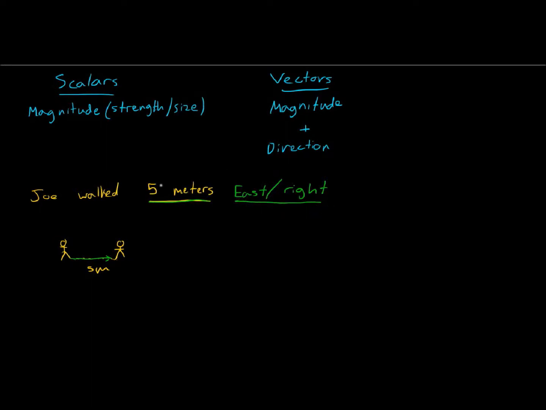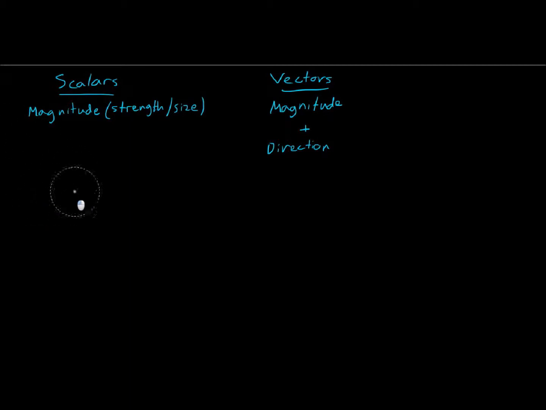So we can consider this whole quantity a vector. This is now a vector because it has a magnitude, a size, and it has a direction. So let's go over some of the different kinds of magnitudes and vectors that we'll see throughout physics.